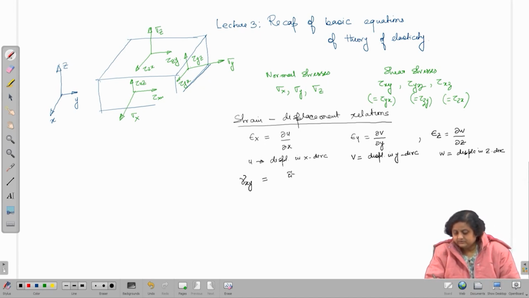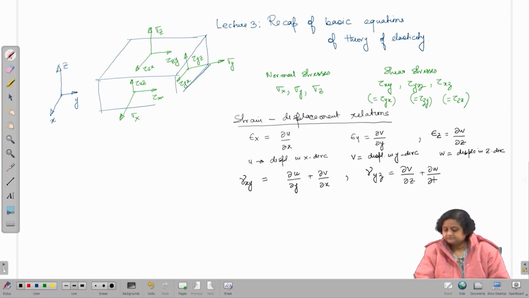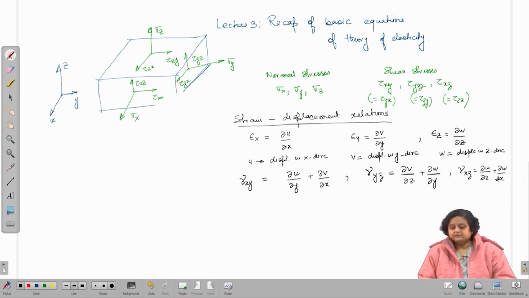Then we have the shear strains, which is written as gamma x y, which is del u by del y plus del v by del x. Similarly for the others.